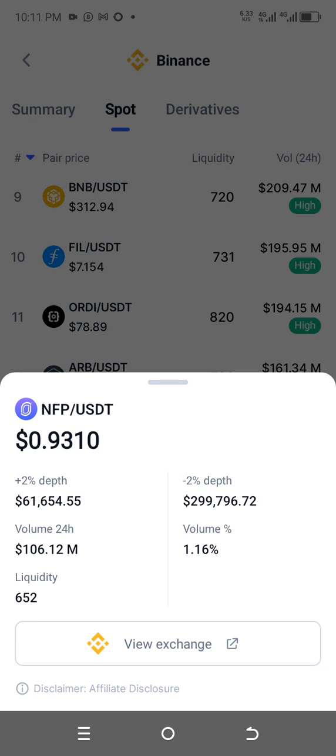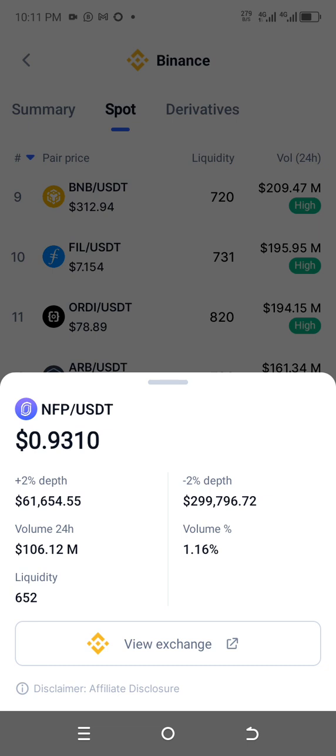These people on the plus 2% depth are selling the market when the market is plus 2%, which is the positive side, the left hand side. And the right hand side here will enter this market when the market is minus 2%. You can see it.